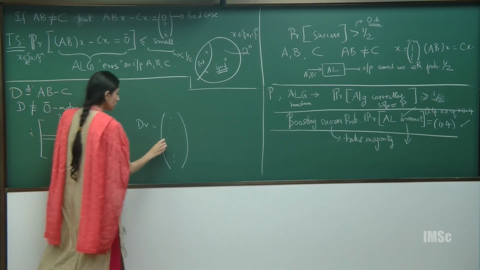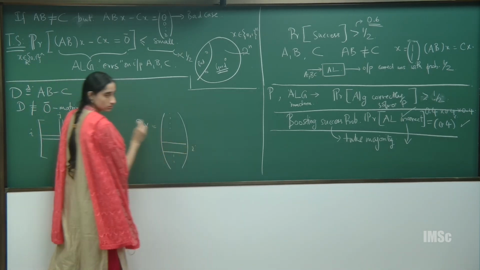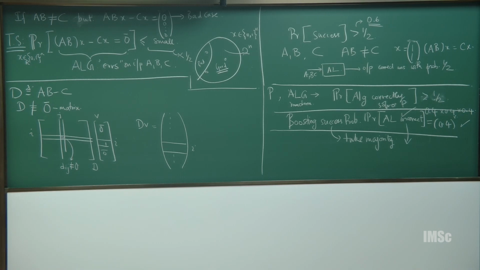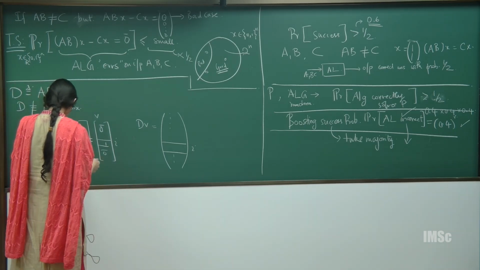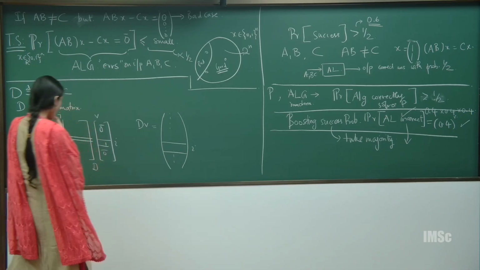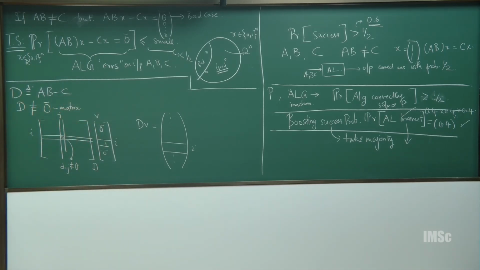In particular, what can you say about the ith entry? Why is it 1?